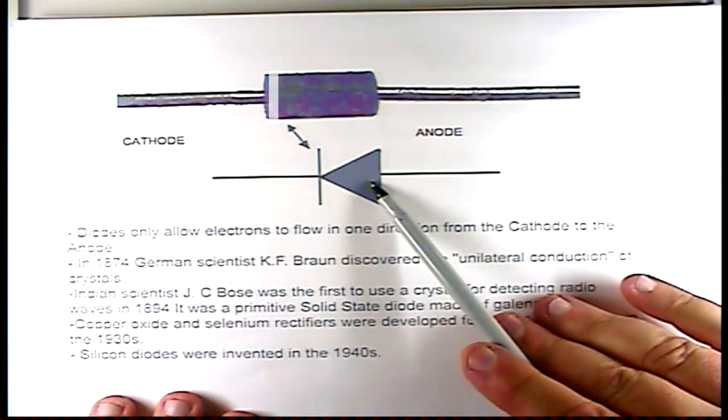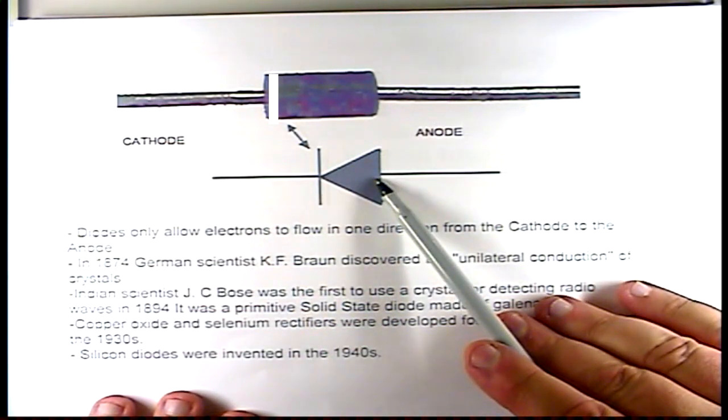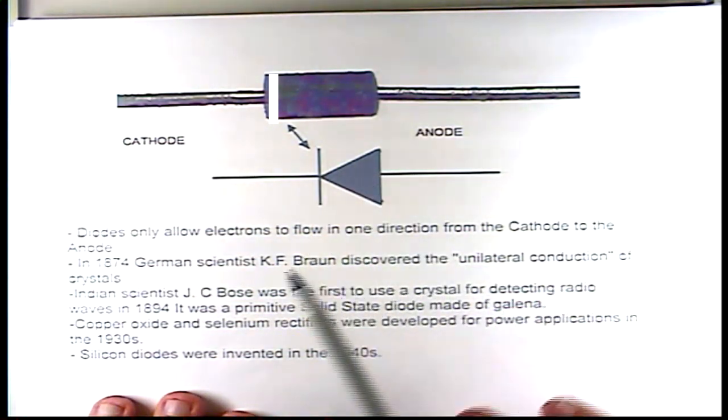Now, a diode is a solid state. Well, it could be a tube too, but in this case we're in solid state, and we're talking about solid state like germanium, or there's some other materials that we could use, but we're going into solid state. And right here I have a picture of a diode, and it's a schematic symbol, and this device only allows current to flow in one direction.